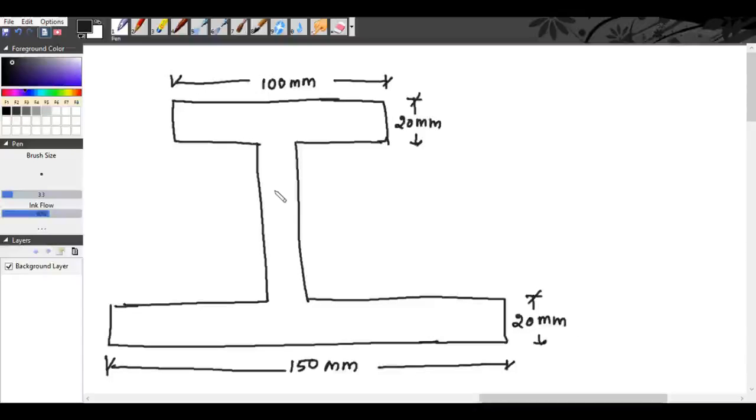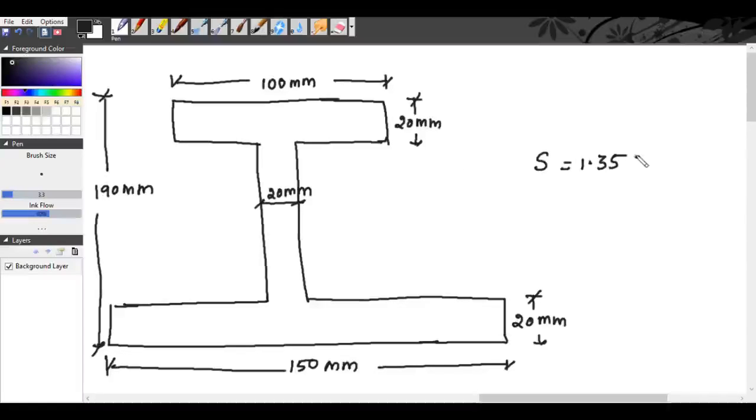The thickness of the web is also 20 mm. The total depth is given as 190 mm. You can find the shape factor for this problem. I will give you the answer. The shape factor will be equal to 1.352.